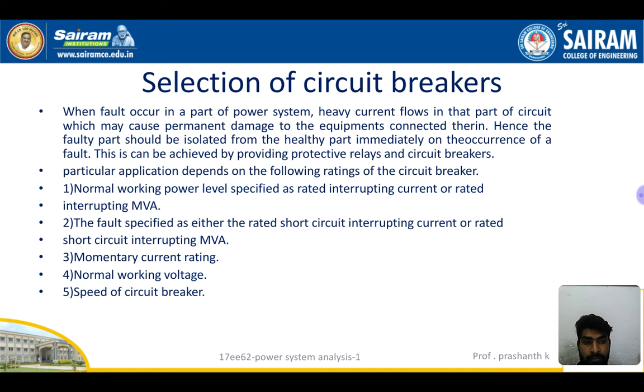Suppose you are working with a mixer grinder, or you can take a washing machine or whatever. If two wires touch, phase to neutral or whatever happens, what happens? Automatically the current exceeds the limit, and the circuit breaker will trip off.